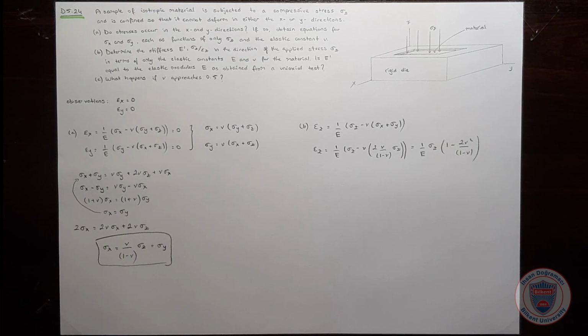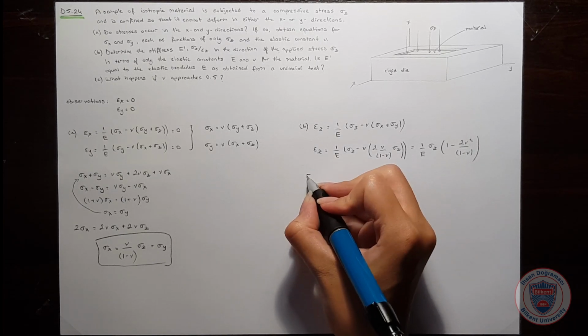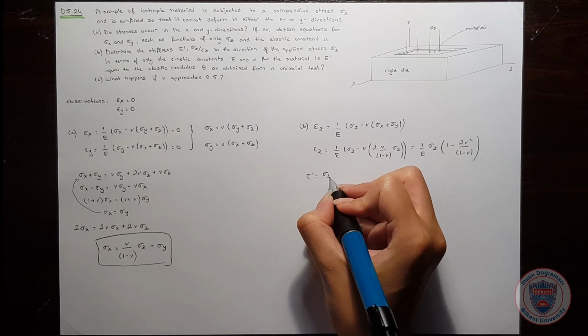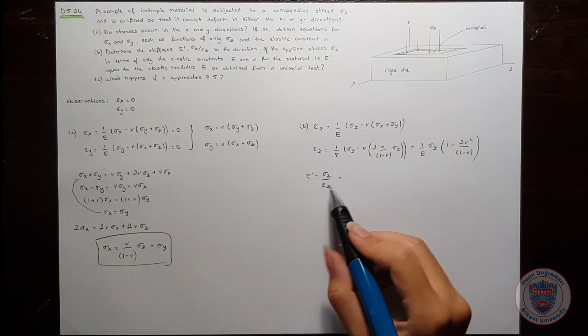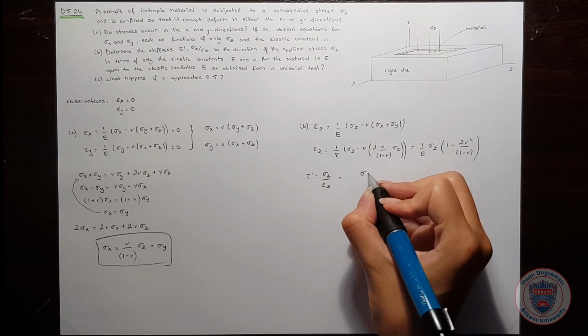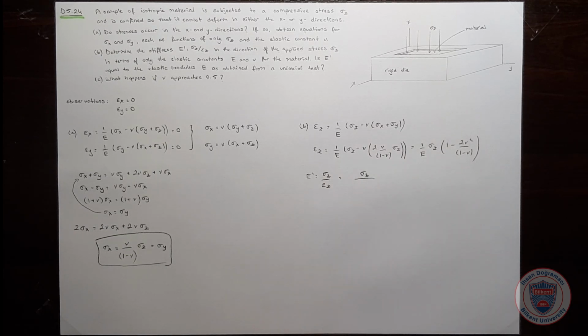Now, let's move on to the stiffness. We know that stiffness in the z direction is sigma z over epsilon z. We know sigma z and epsilon z. So I will write their equations.